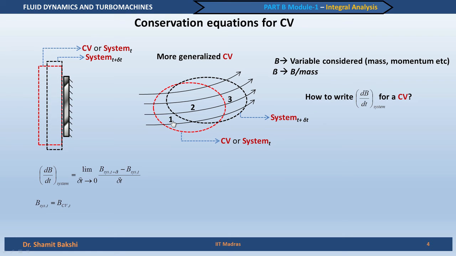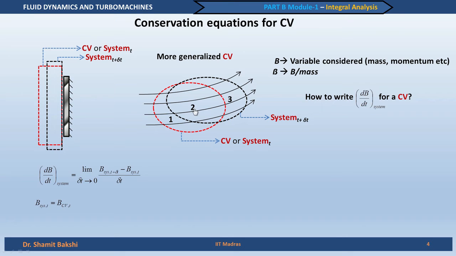So, part 1 is a subset of the control volume, or the system at time t, but it is not a subset of the system at time t plus delta t. That means it is only this region, bounded by this control surface, the red dashed line, and this black dashed line.